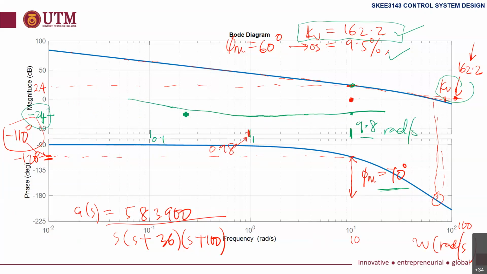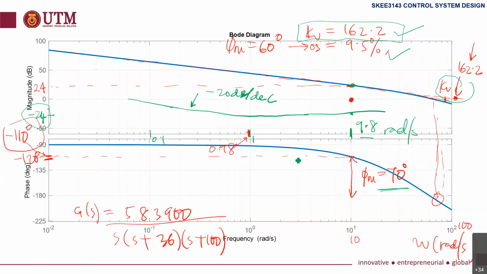A line like this. This is minus 20 dB per decade. You can use a ruler. You have to. You must know the slope: minus 20 dB per decade.